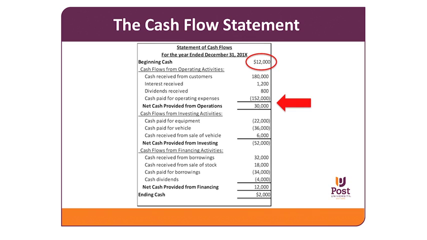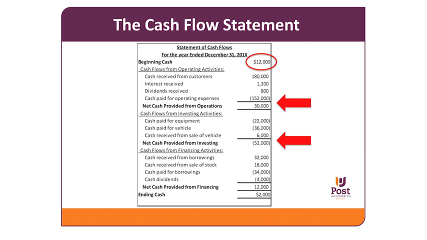The first thing I would look at is the net cash from operations of $30,000. I want to see a plus here. That tells me that the cash flow from the normal operation of the business is positive. That's a good sign. A negative cash flow from operations is a red flag for potential problems in the business surviving.